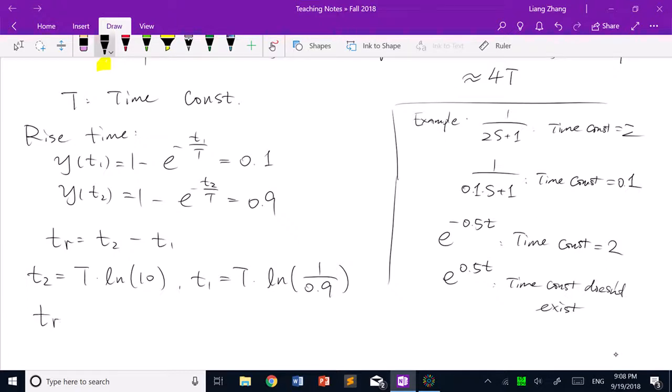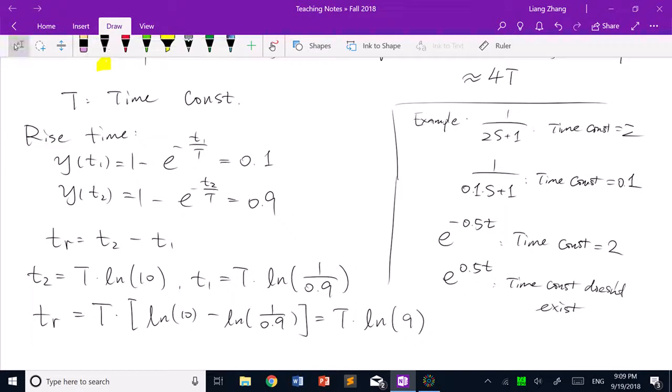So tr, the rise time, will be the difference of the two: T times logarithm of 10 minus logarithm of 1 over 0.9. Applying a little knowledge of logarithms, this will simply be T times logarithm of 9, which is 10 divided by 1 over 0.9, or 10 multiplied by 0.9.